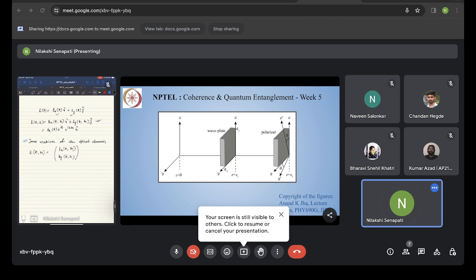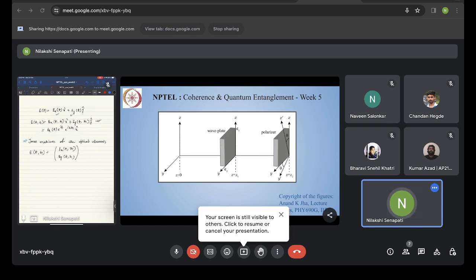So it will acquire some phase as it passes through the wave plate, and it will have a different phase in different directions x and y, because it is a birefringent material.